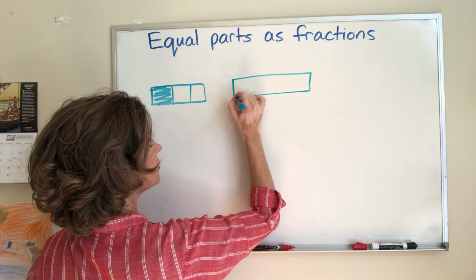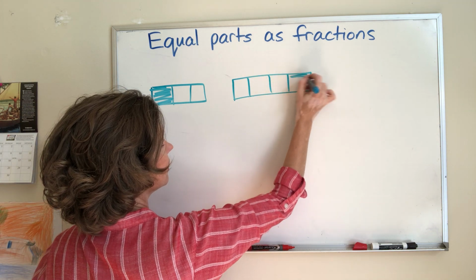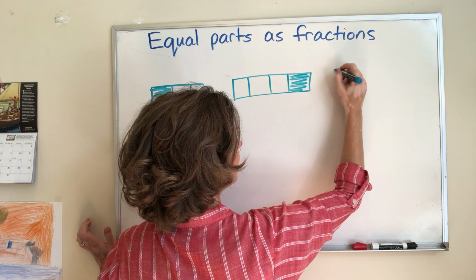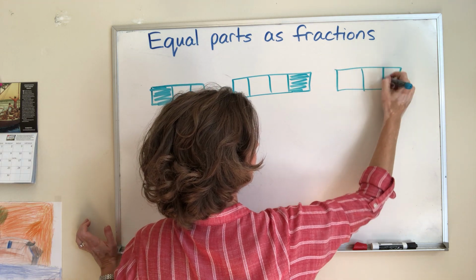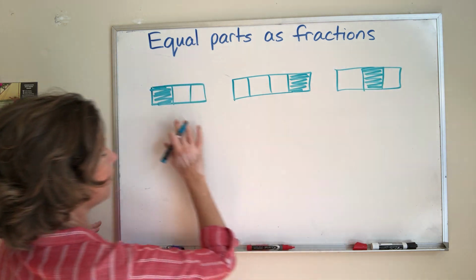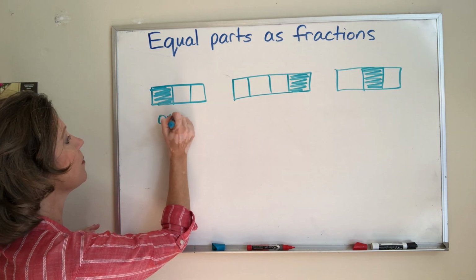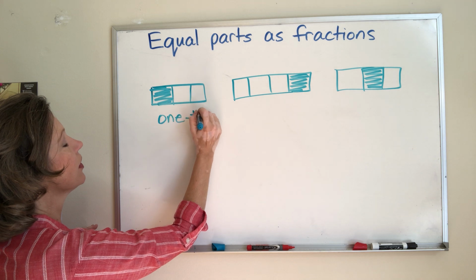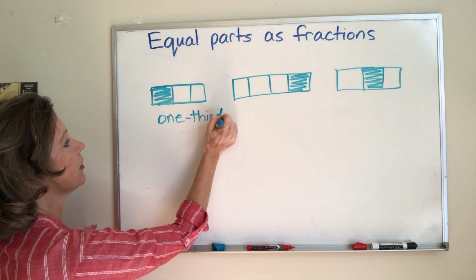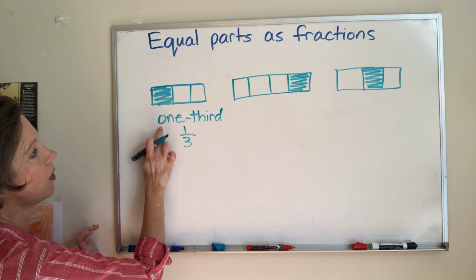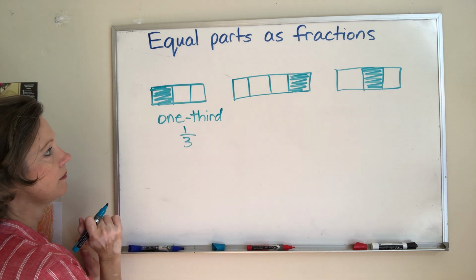All right, the first one. How would you write this one? 1, remember your dash. 1/3, which would look like this. 1/3. Third has been a spelling word.